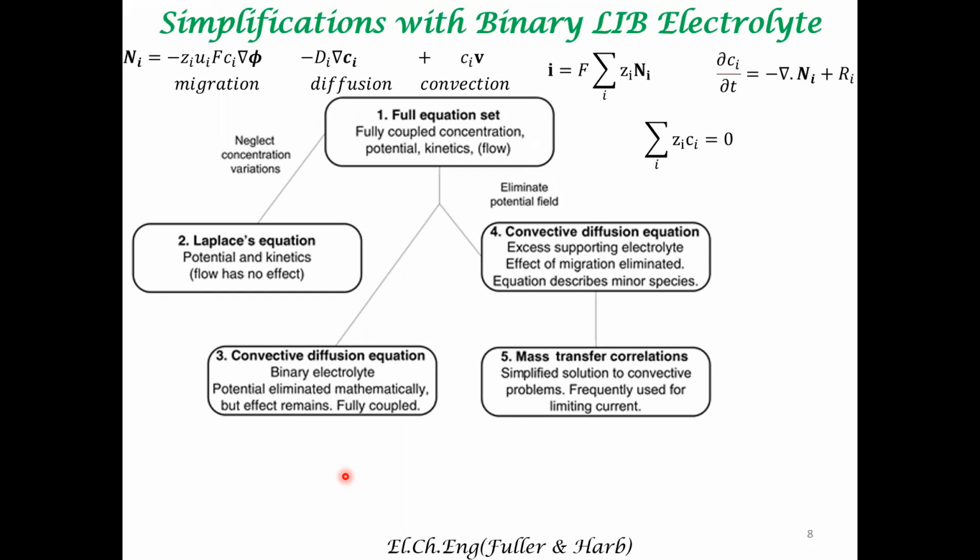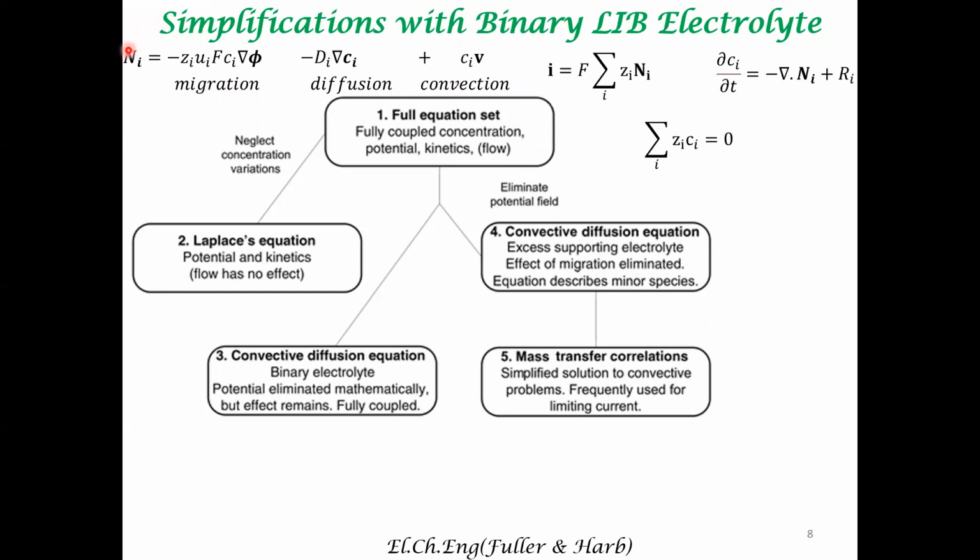Let us just pause for a minute and see where we are and how we got here. A few lectures ago, we had introduced all the governing equations relevant to electrochemical transport.